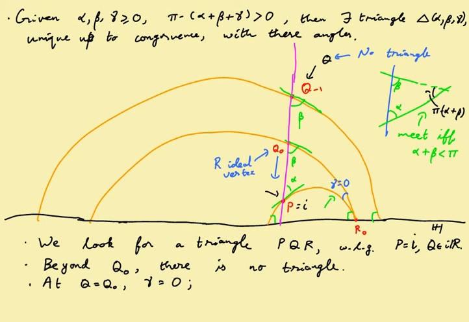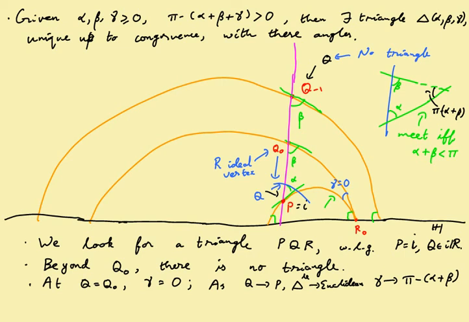And what happens at the other end? Well, this is a fact which you can see in many ways. At the other end, when we are here, somewhere at some Q here, what happens as Q approaches P? Well, the triangle approaches Euclidean, which means that gamma goes to pi minus alpha plus beta, which is the Euclidean situation.